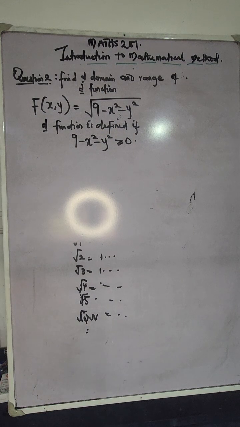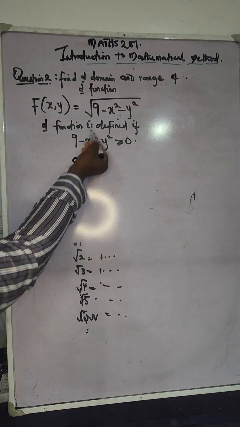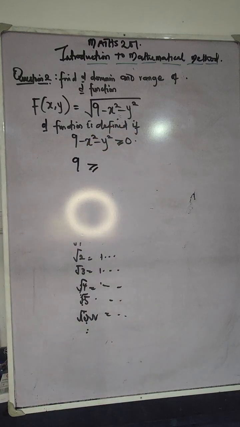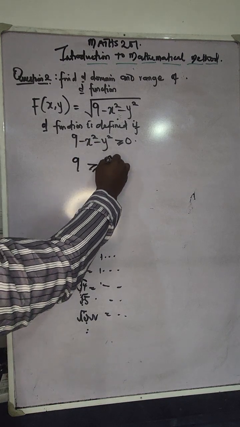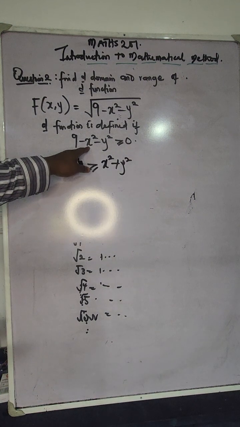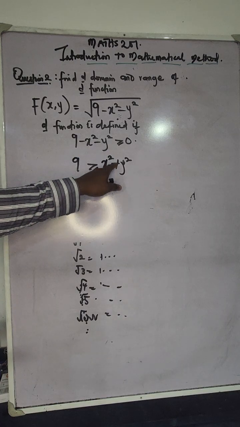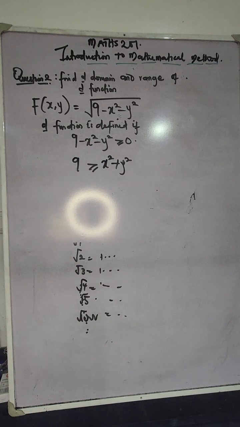So we take this to the other side, and we have 9 greater than or equal to x squared plus y squared. I hope you know, whenever you are taking this to the other side, it changes signs. So a negative becomes a positive, and so you have it that way.